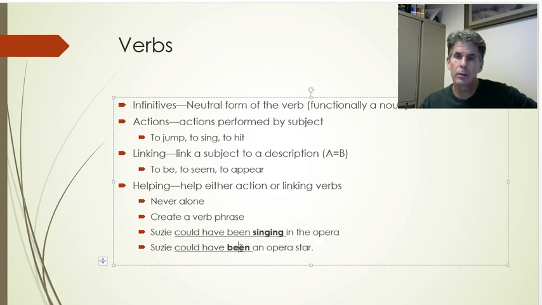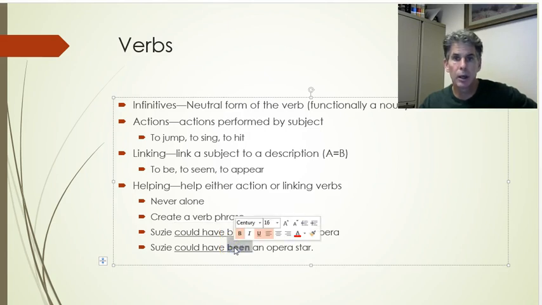Look at your last word in your verb phrase, and that determines what kind of verb phrase you really have. Notice the funny thing. Been can be a helping verb, or it can be a main verb. How do you know the difference? By the position. If it's in the position of a helping verb, it's a helping verb. But if it's standing as the last one in the line, that's a linking verb.